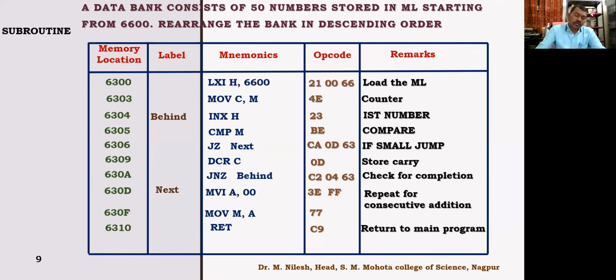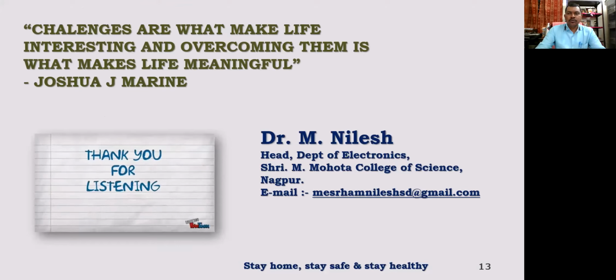So now the content of A is FF, and that FF is moved into the particular memory location where the smallest number is, right? And now return to the main program. So this is the subroutine that we have. I guess you have understood this.